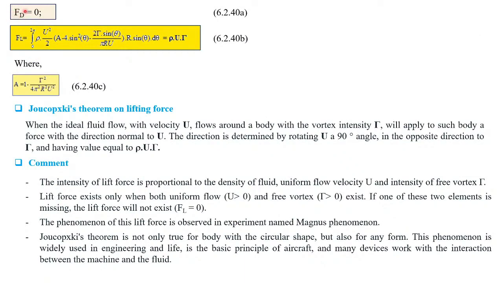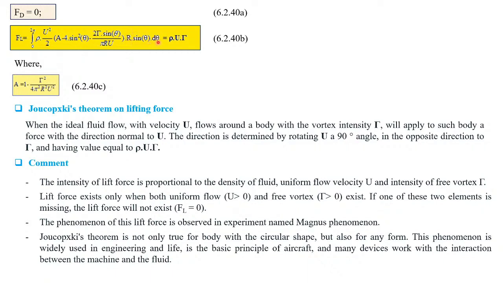Fd, the drag force, is 0. After you take the integral, you get 0. But for the lift force, you take this one, and this one r sine theta multiplied by d theta.